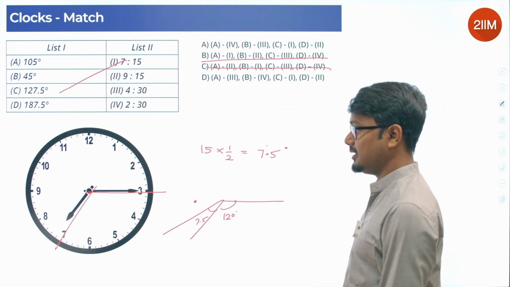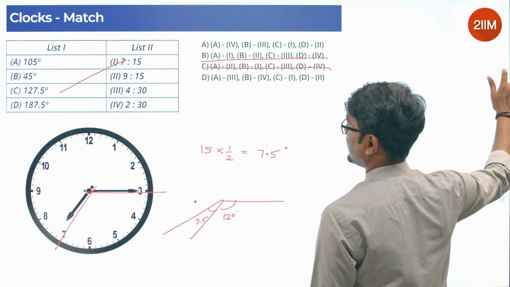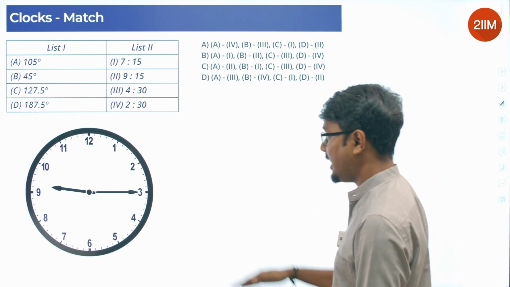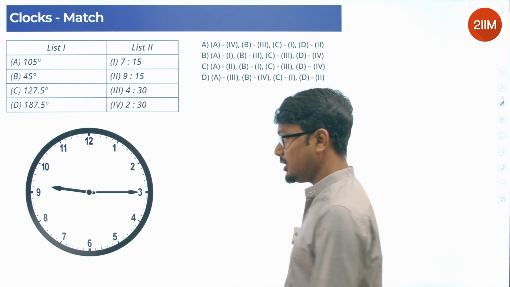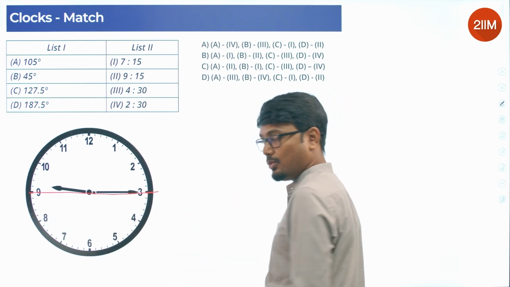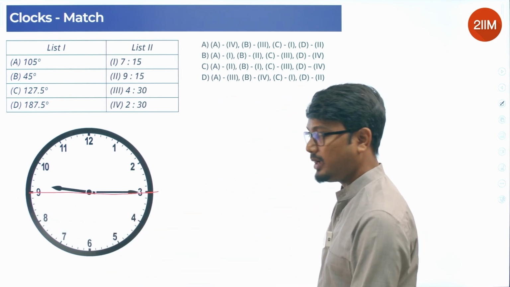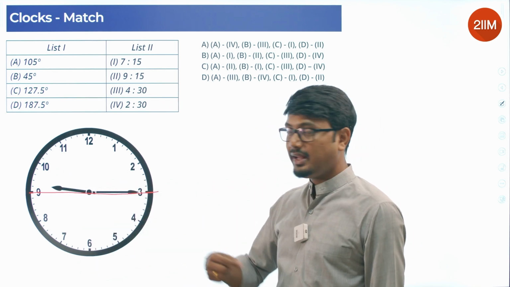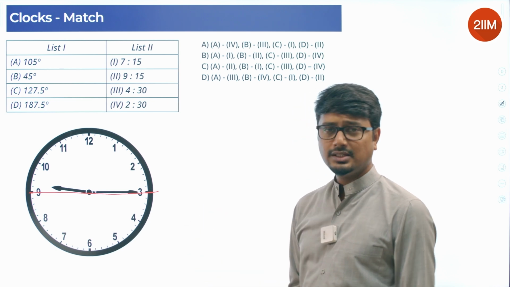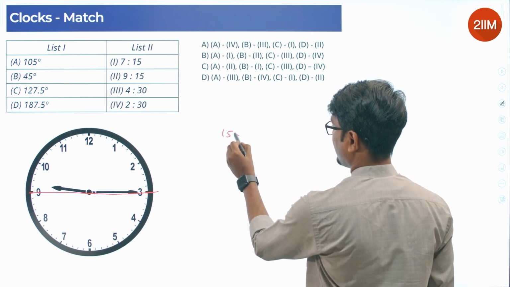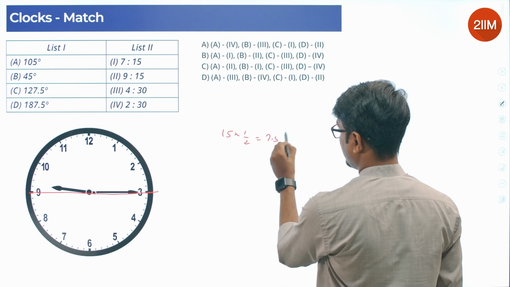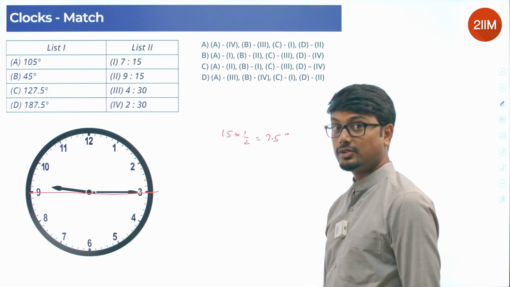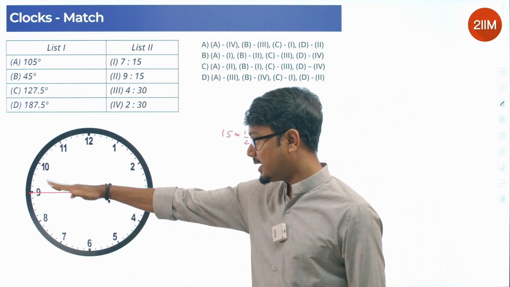Okay, 9:15, similar model. Jumping on to the next, 9:15. Again, 9:15 is exactly supposed to be 180 degrees, a straight line, but not possible. Why? Because it is a little tilted, half a degree every minute. So 15 minutes, 7.5 degrees. So 7.5 degrees tilted towards this 10.